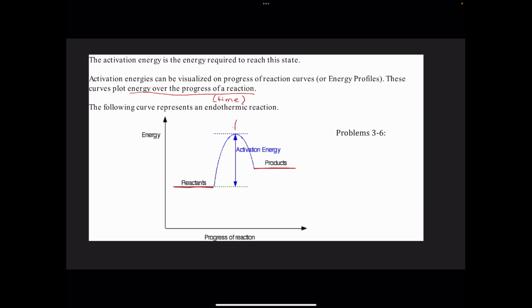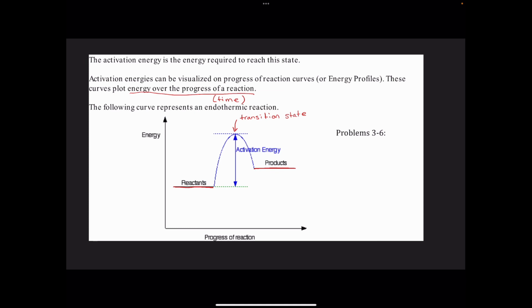At that peak, that is where we have our transition state. So we have to absorb enough energy to reach that transition state so that the activated complex can form and then proceed on to products. Now we can get some other information from these curves as well.